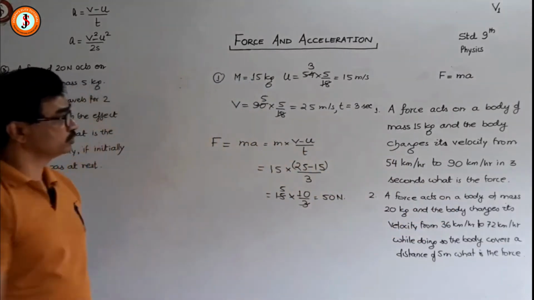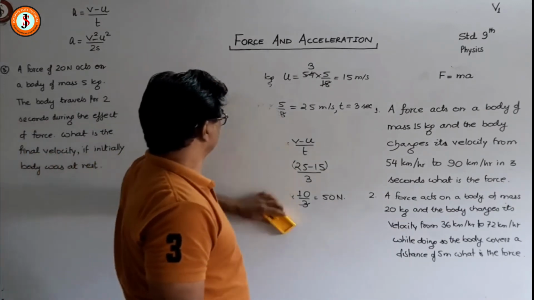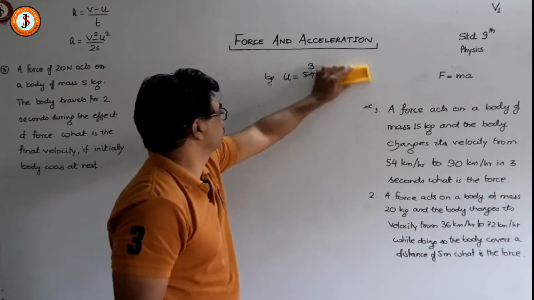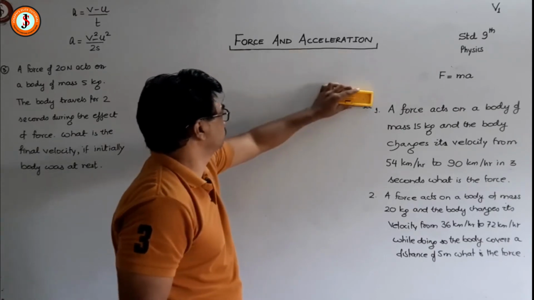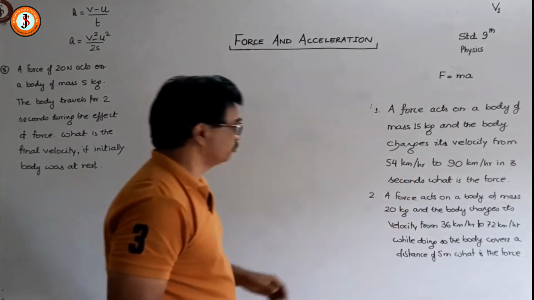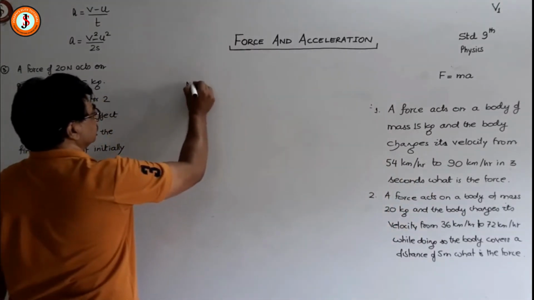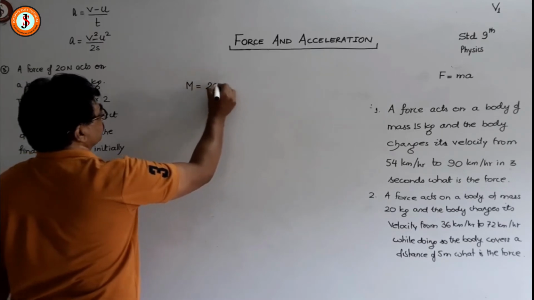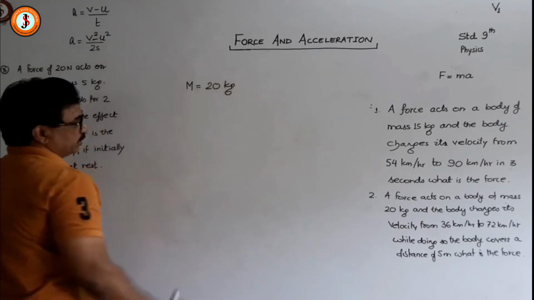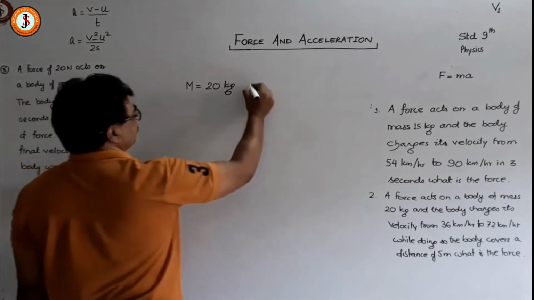So this you can first copy down. Second question is, a force acts on a body of mass 20 kg and the body changes its velocity from 36 km per hour.